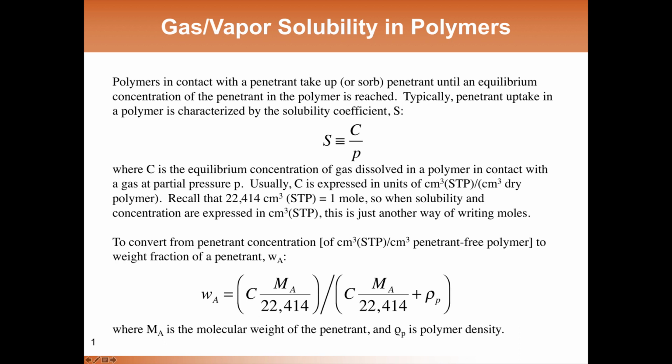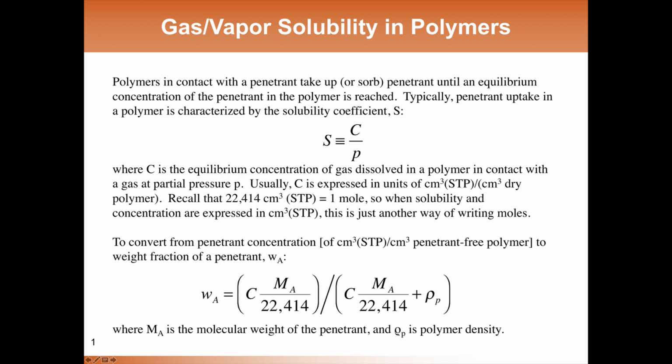Historically, the way such partitioning phenomena are described is in terms of a so-called partition coefficient, which would just be the ratio of the concentration of a penetrant in one phase to that in another phase.